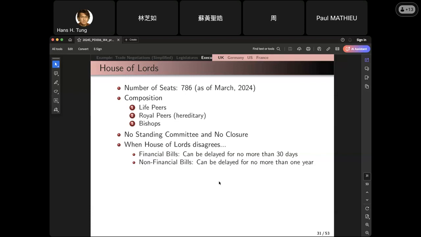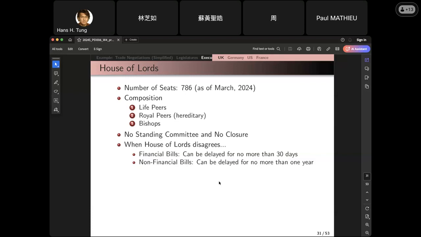So in the German case, the number of seats currently, as of March 2024, is 735. Again, it's hard not to contrast that number with the Taiwanese number. So we really have very small parliaments. But maybe we can talk about whether that's good or not.